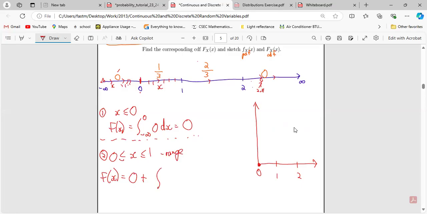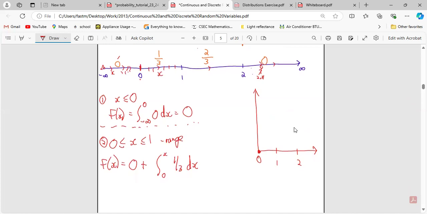It'll be the integral from 0 to x of 1/3 dx. When you integrate that, you'll get 1/3 x. You have x and 0, so b minus a, that's just going to end up being 1/3 x plus 0.